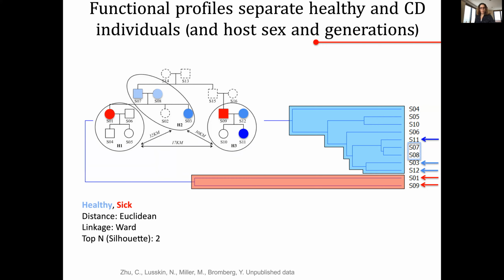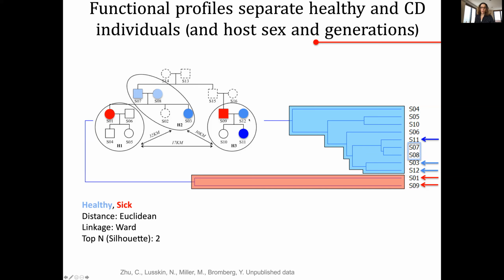One thing to notice here is that in this generation, there are two healthy women, one sick woman and one sick man. And the sick people we already talked about, but these two women that are in this generation, S03 and S12, are actually not related to each other.